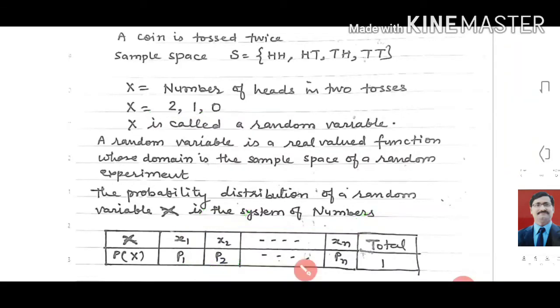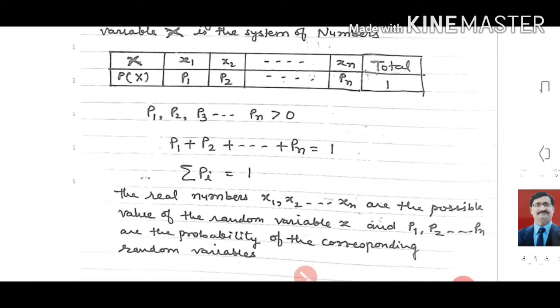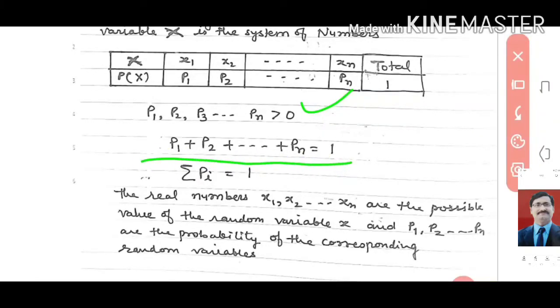We know already that probabilities are always greater than or equal to 0. So each probability should be greater than 0, meaning p1, p2, up to pn are all greater than 0, and the sum of all these probabilities will be equal to 1: p1 plus p2 plus up to pn equals 1.